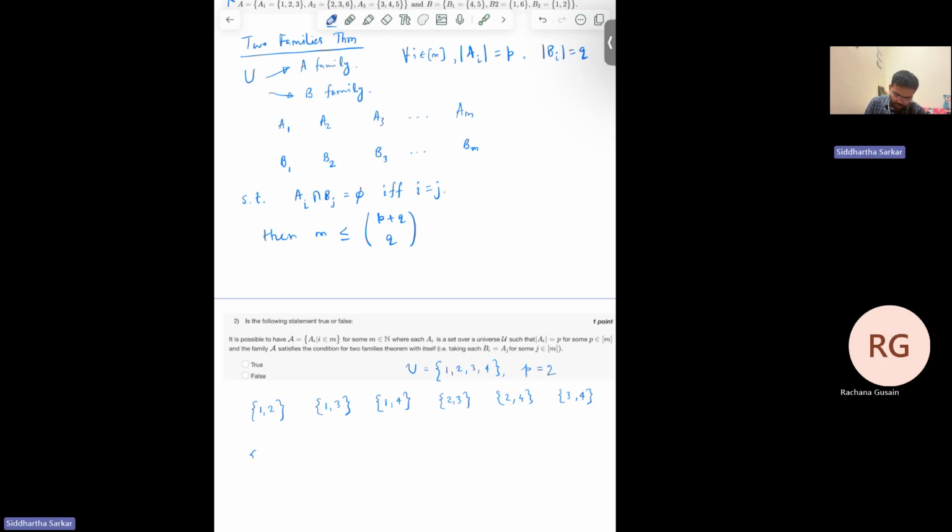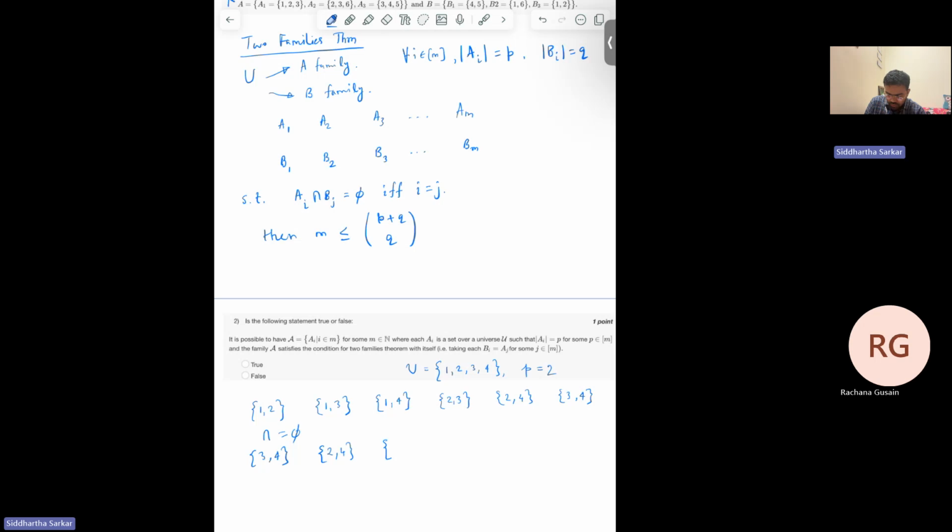If I take 3, 4 as B1, then A1 intersection B1 will become empty. For 1, 3, what do we have to take to ensure that A2 and B2 intersection is empty? There's nothing in common, so the other two elements have to be taken. How about 2, 4?